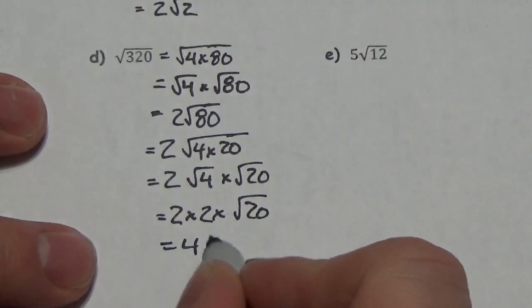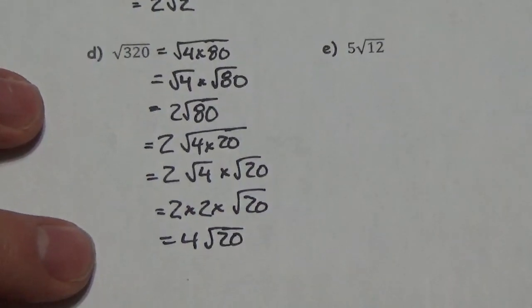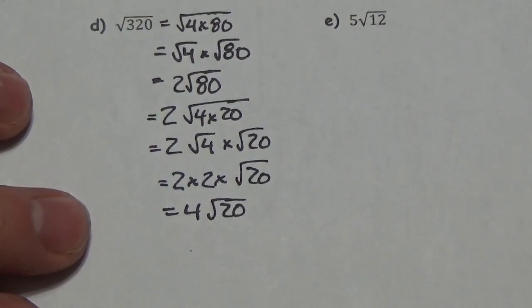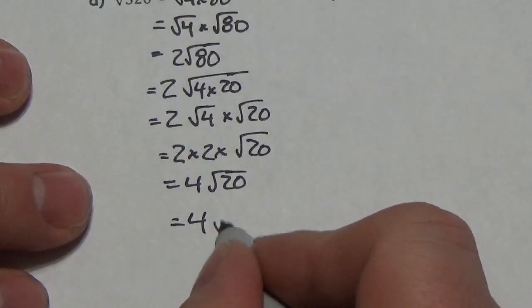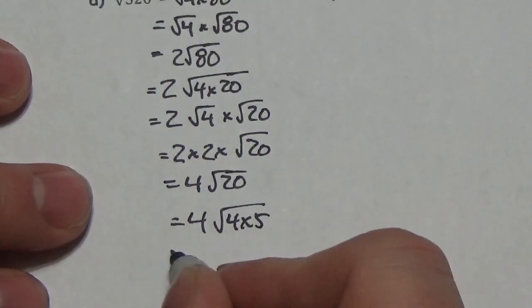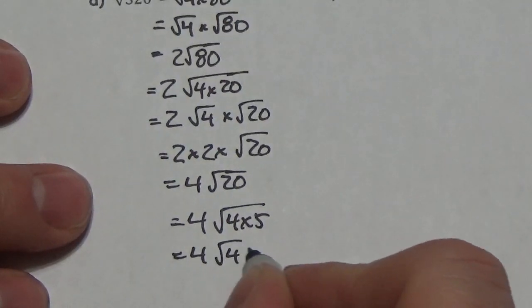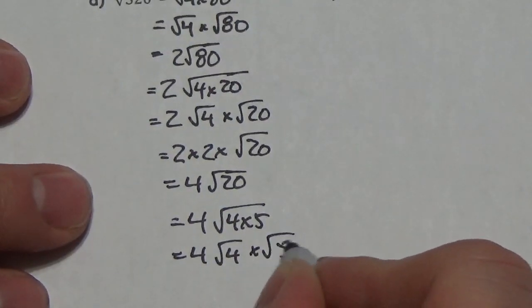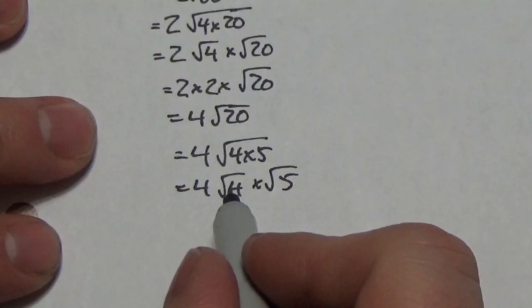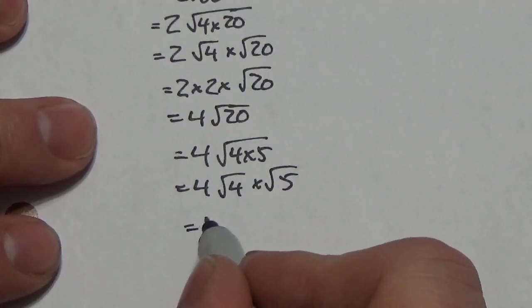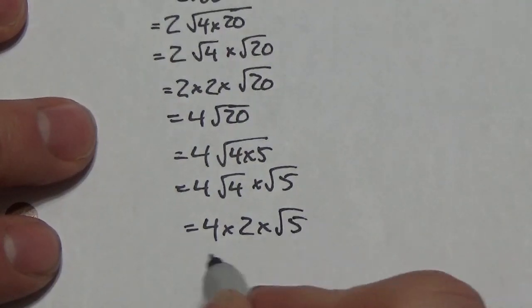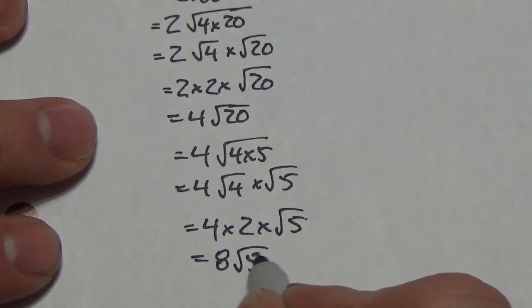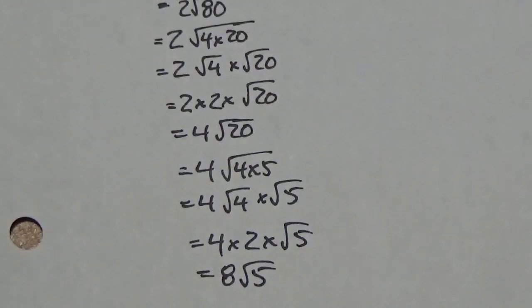So 4 root 20. And now you would think I'm done, but I'm not, because I know that 20 is also divisible by 4. So this is the square root of 4 times 5. So 4 times the square root of 4 times the square root of 5. And I know that the square root of 4 is 2. So this is 4 times 2 times root 5, or finally 8 root 5.